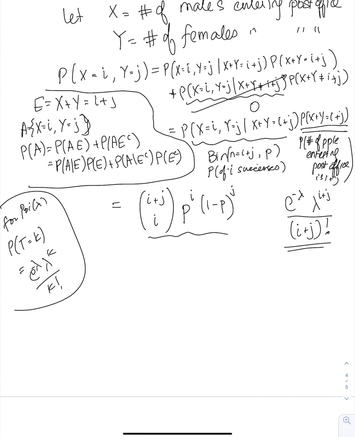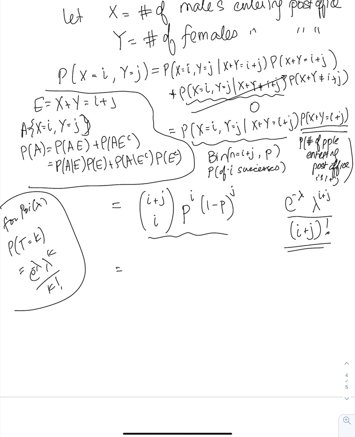So we can easily parse through this. You have an i plus j factorial over here, and i factorial, j factorial, so that's the i plus j choose i.